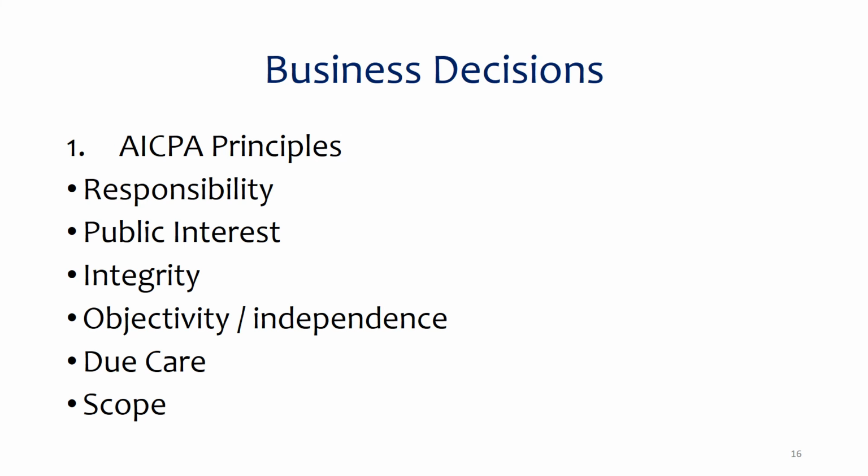What independence says is, if I'm best friends with the CFO of a company and I'm going out to audit it, from afar, it might look like I might cut a break to the guy because he's my friend, and I'm not going to think objectively and do my job free of bias. Even though I may very well not have any impact, I might be doing my job perfectly, from the outside it looks like there may be an independence issue, so that's also something we have to keep in mind.